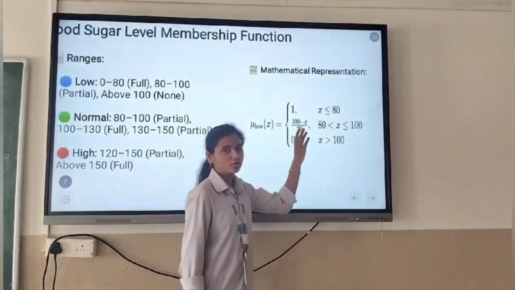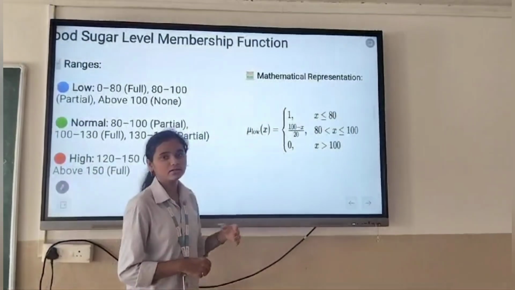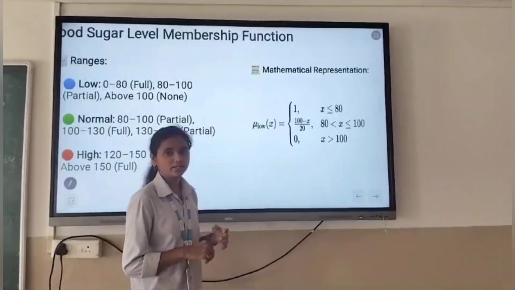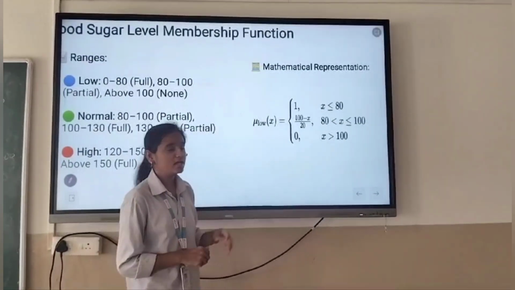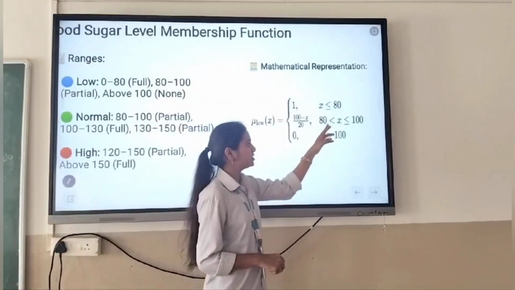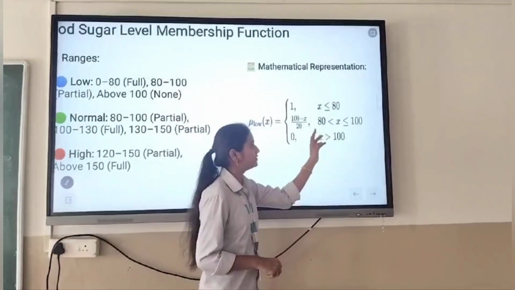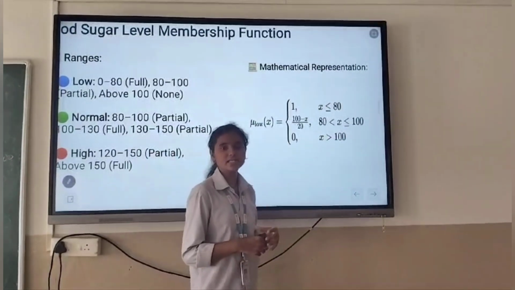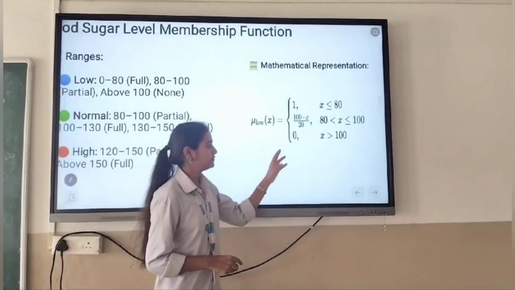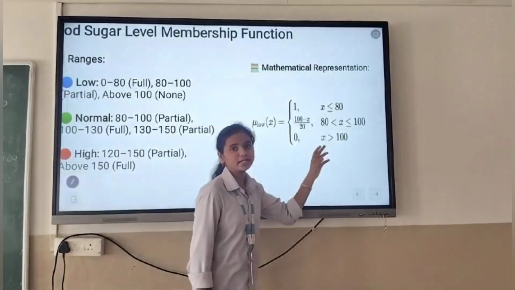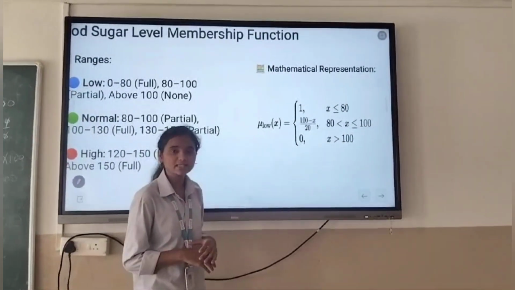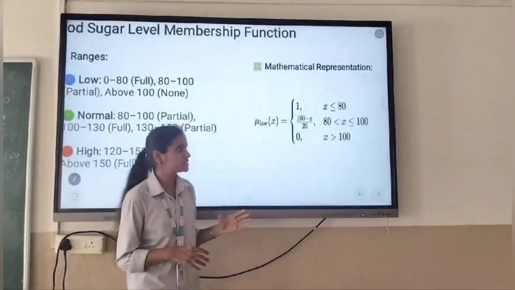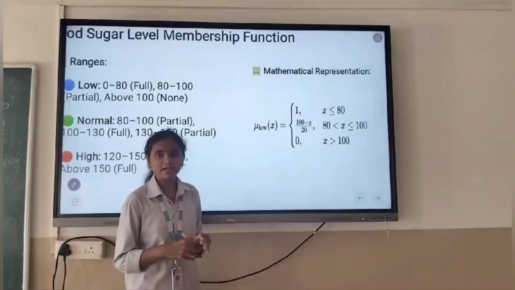If X is less than or equal to 80, then it has low blood sugar, and if X is between 80 and 100, then it has partially low sugar, and if X is greater than 100, then it does not have low sugar, meaning this person is not diabetic.